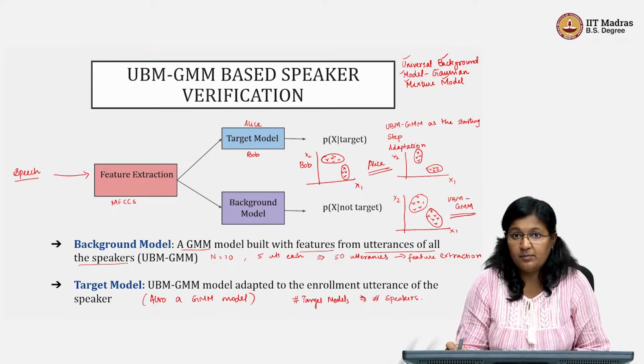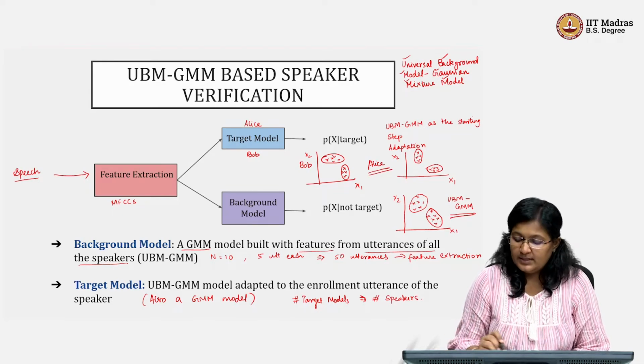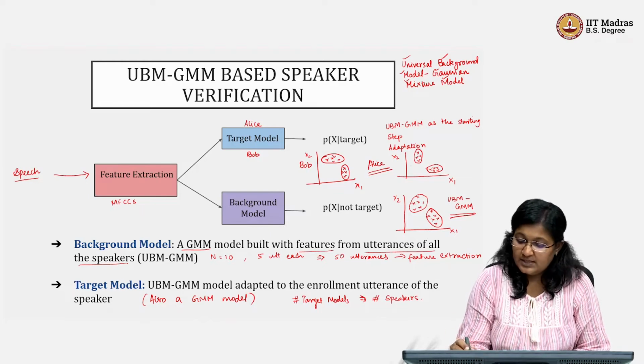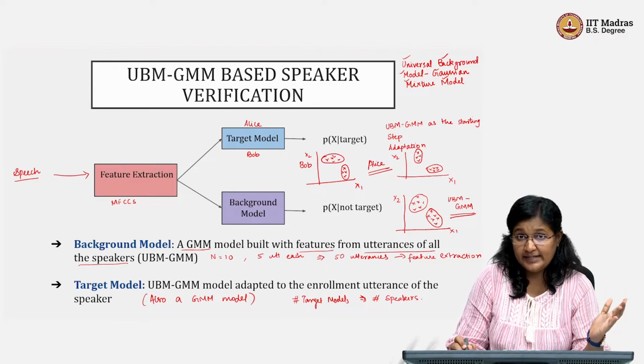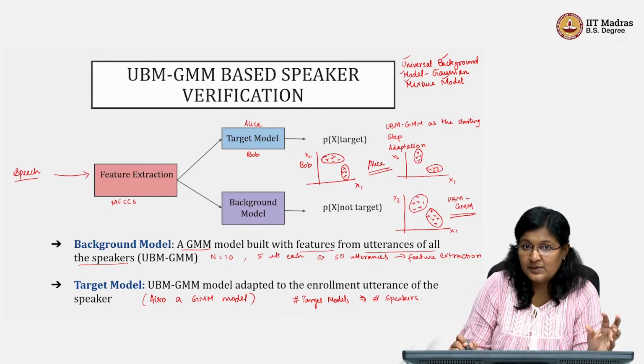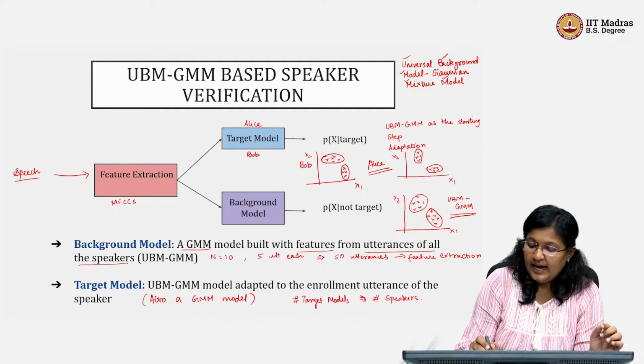which is adapted from the UBM-GMM. This is already with us, and the person would have claimed that his or her identity is Alice. I will take that speech and get the features.